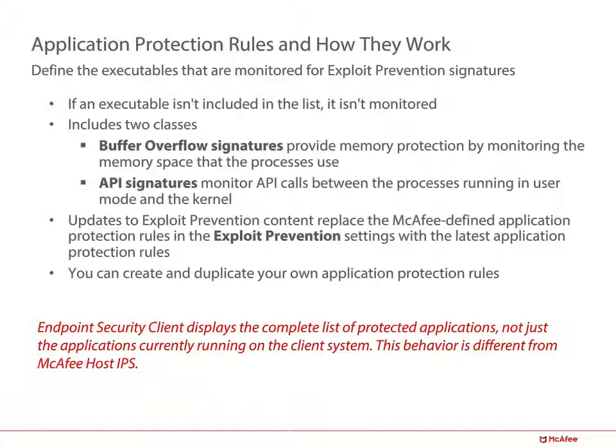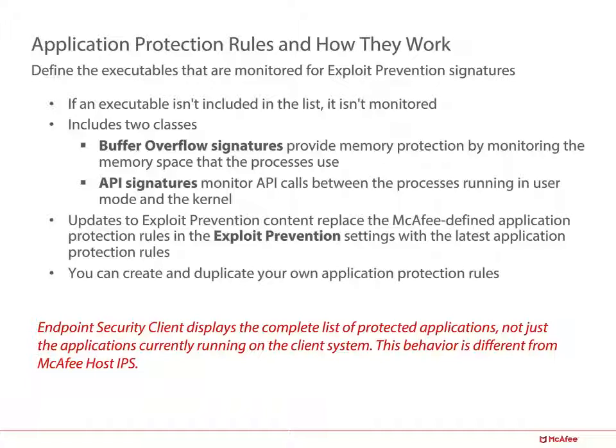Once again, remember, we will have updates to the exploit prevention content, and they will replace any McAfee-defined application protection rules that are listed in the exploit prevention settings with the latest application protection rules in that list. You can also create and duplicate your own application protection rules.